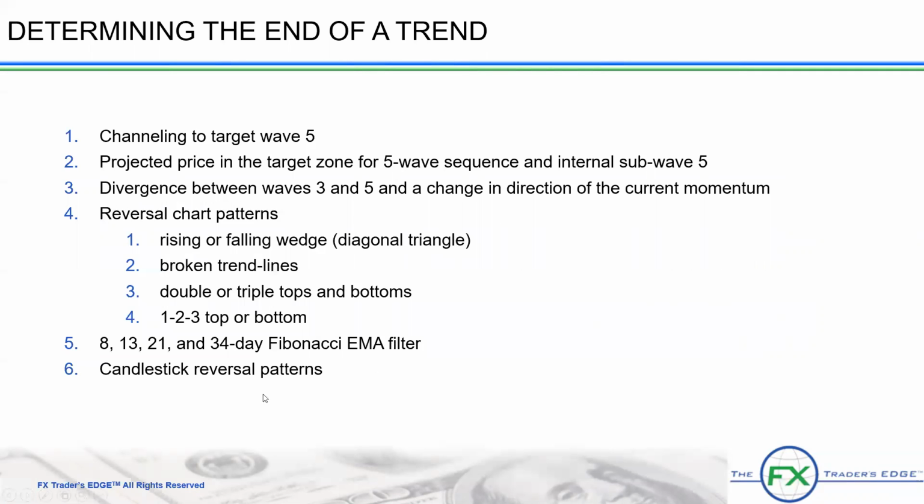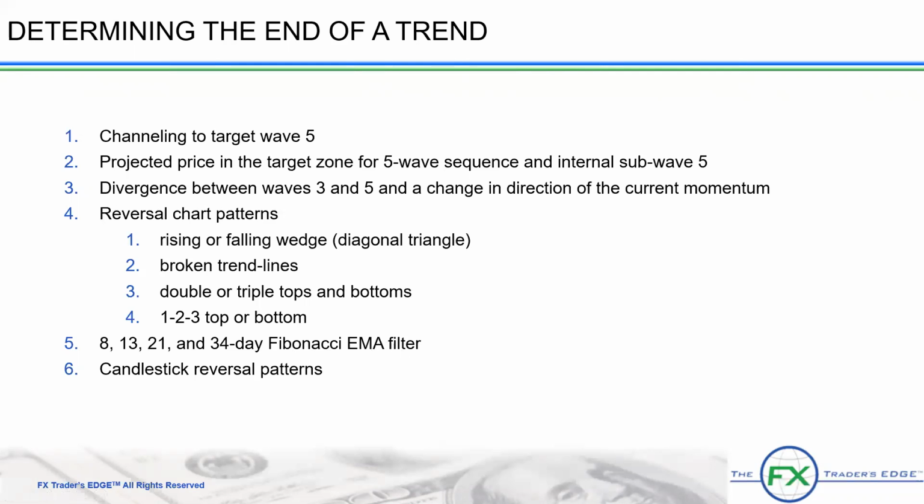We discussed the 8, 13, 21, and 34-day Fibonacci EMA filter as a trading system or trading strategy to see how the market cycles move, and how when we have corrections, price tends to come back to the moving averages, and also the moving averages tend to overlap one another. So that was an introduction.